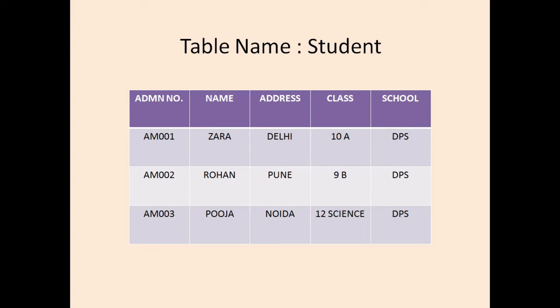Similarly, if we look into the address column, if I say only Delhi from the address column, again the same thing applies. It is impossible to find Zara from the entire Delhi. Again if we come to class and school, the same thing applies.